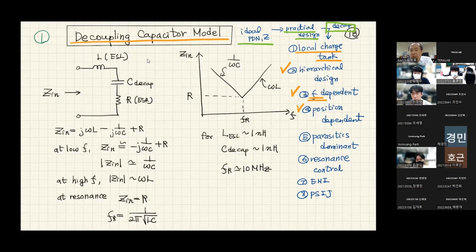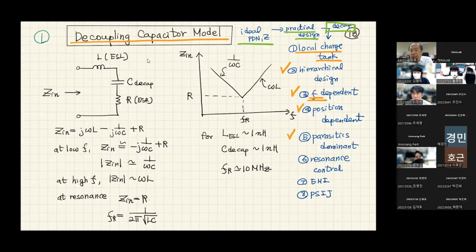If the distance between your circuit and your decoupling capacitor is far away, from a circuit perspective, it has large inductance. And if we consider it as an electromagnetic wave, it takes some time. The power wave, the current wave will travel along the line. So we have to put high frequency decoupling capacitors as close as possible.